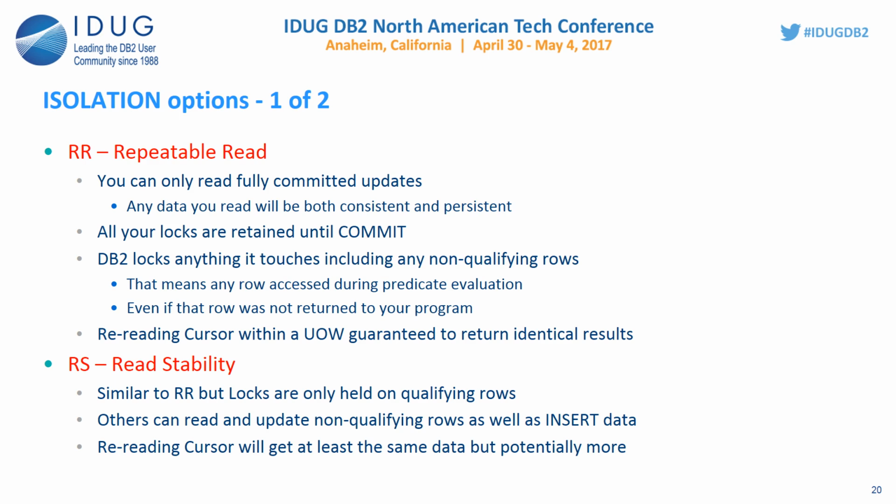So say DB2 is having to read a 1,000,000 row table, and you're only fetching 10 rows out of that table, and for some reason DB2 has had to go through the table space and evaluate every row. Every row that it touches gets a lock taken. So you end up with an awful lot of locks, and they're held until commit time. And the locks that are held include rows that are not returned to your program.